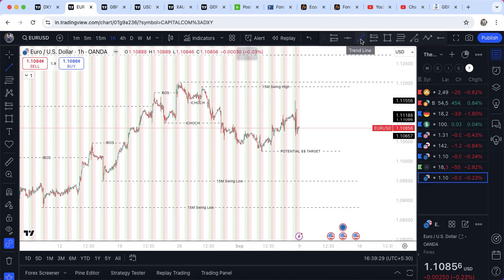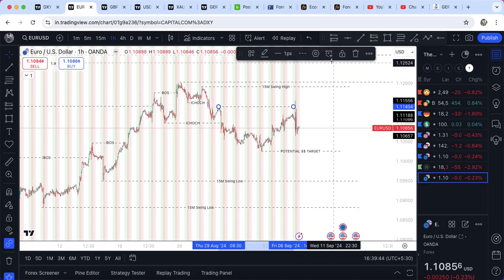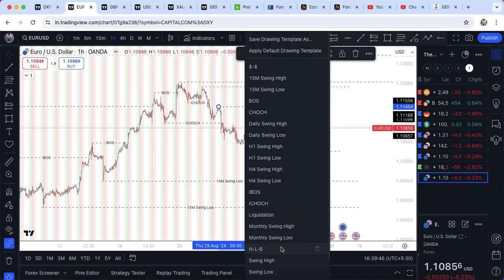But you just have to see how it goes. This is a liquidity grab to fuel the trade to the downside.